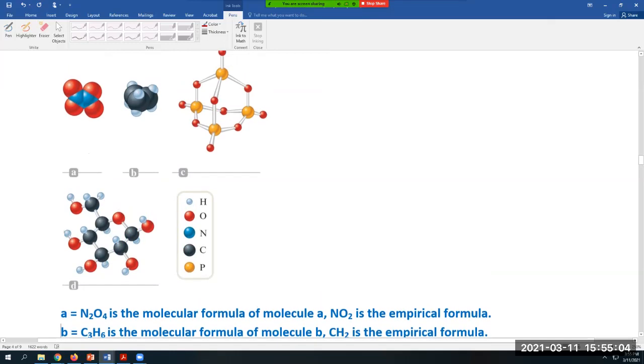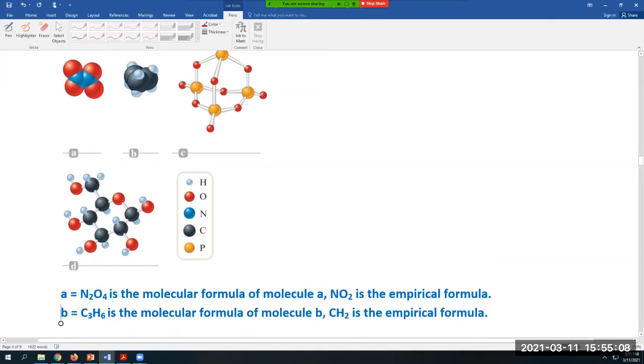And now we can see that 3 and 6 are multiples of 3. So you can divide by 3. So 3 divided by 3 is going to be 1. And 6 divided by 3 is going to be 2. So the empirical formula of C3H6 is CH2. CH2 is the empirical formula. So that answers that question for B.